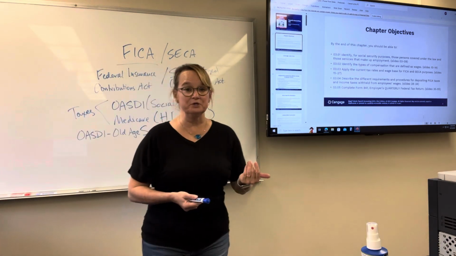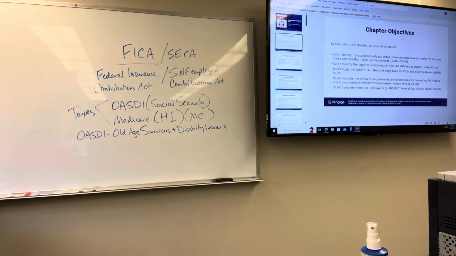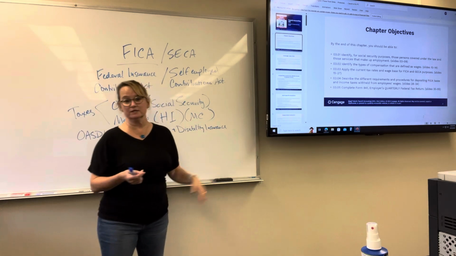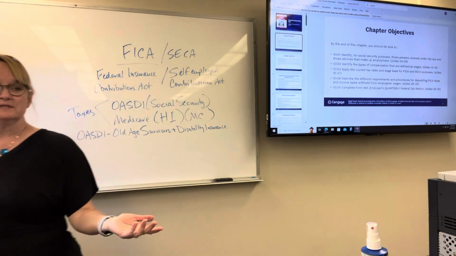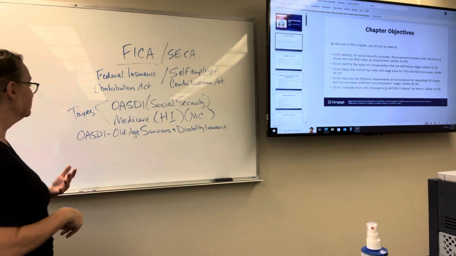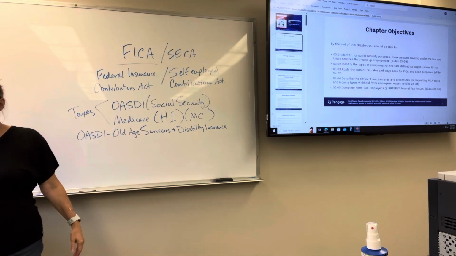For most people, you're not going to get out what you put into it. And that's part of the design. Insurance is like that, right? Some people are going to get more out of it than what they put into it. Some people are going to get less. But that's the old age part, the retirement part of Social Security.